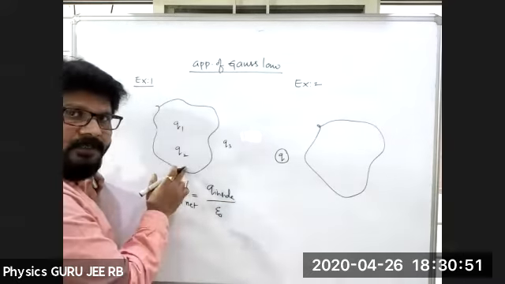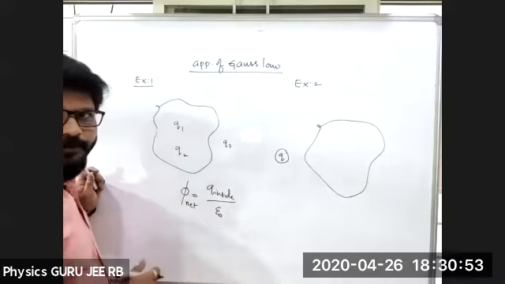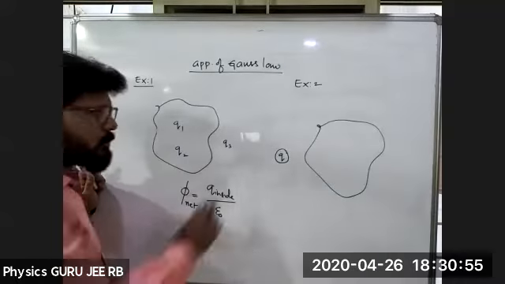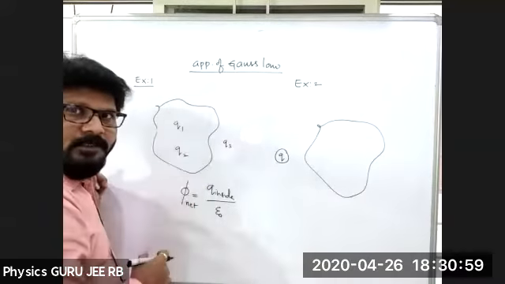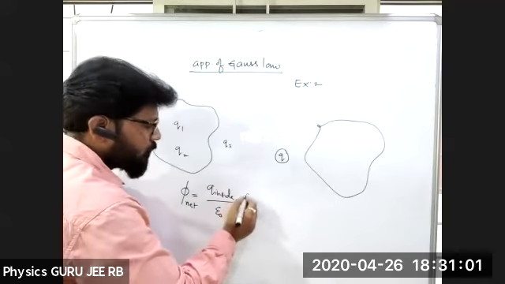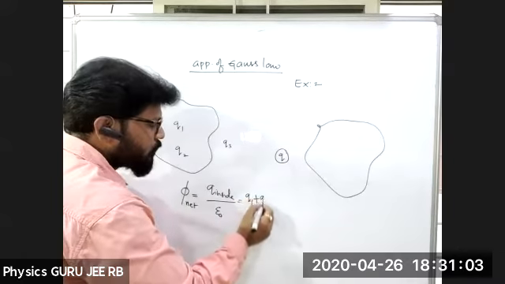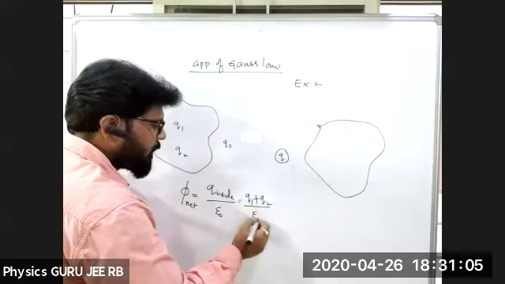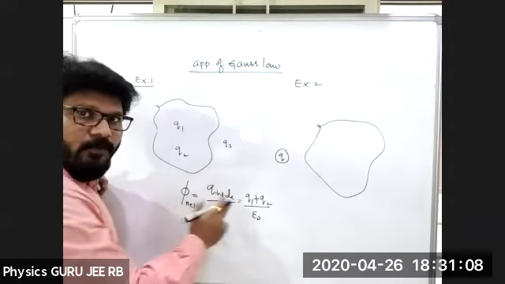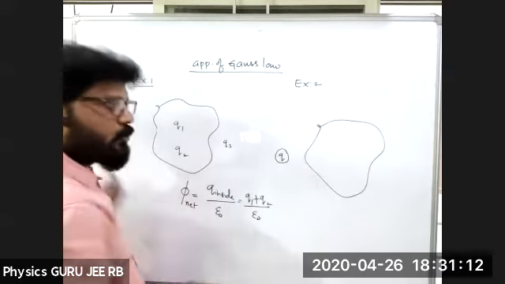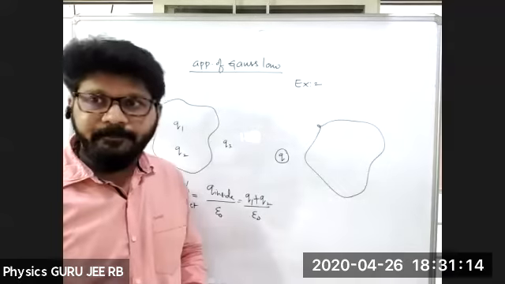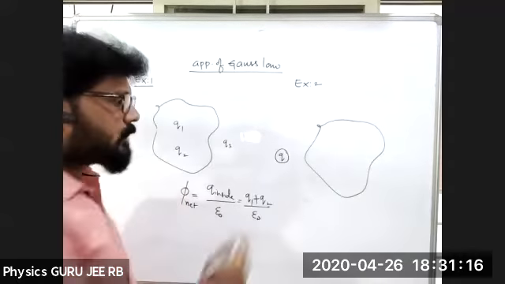Inside means Q1 plus Q2 by epsilon naught. The outside charge won't affect the flux through this particular surface. So phi net is equal to Q1 plus Q2 divided by epsilon naught. Now if I take Q outside, Q is nothing but outside.